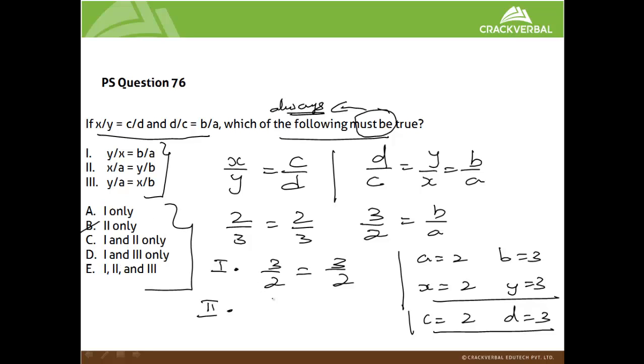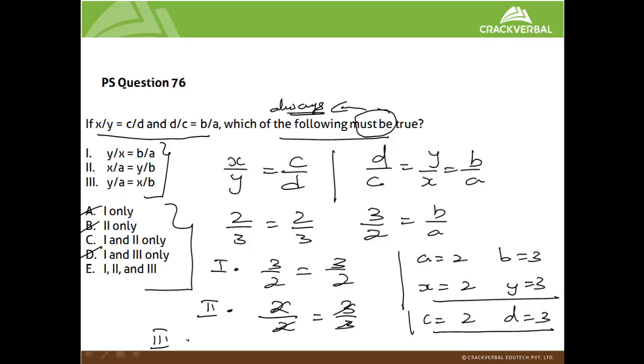Statement 2 says x by a is 2 by 2 and y by b is 3 by 3, so both are 1. Again, this is true. If statement 2 is true, we can eliminate answer choice A, which says 1 only, and also the answer choice which says 1 and 3 only, because 2 is also true. So we need the second statement as well.